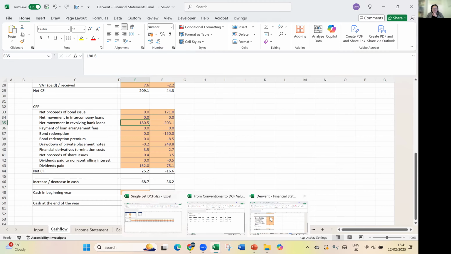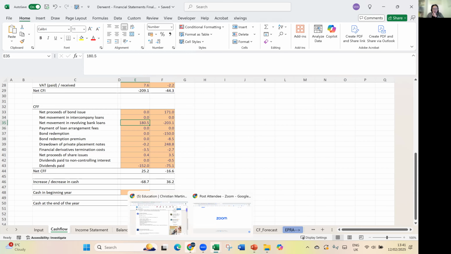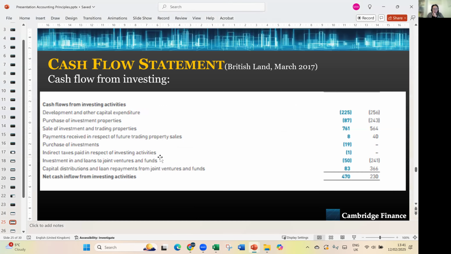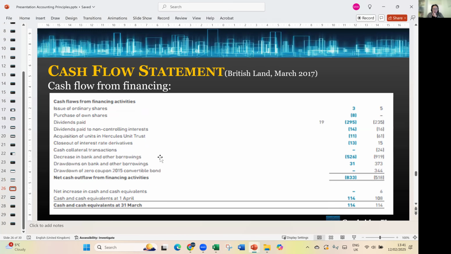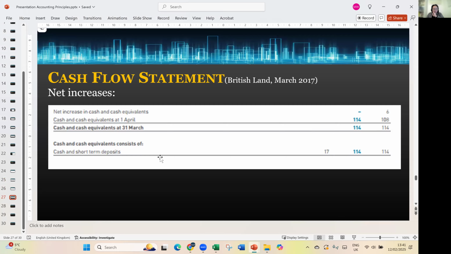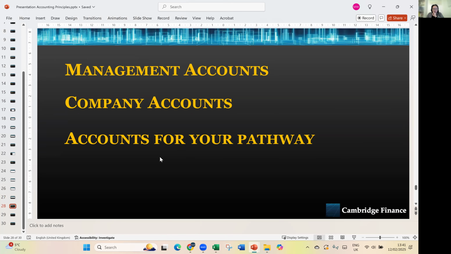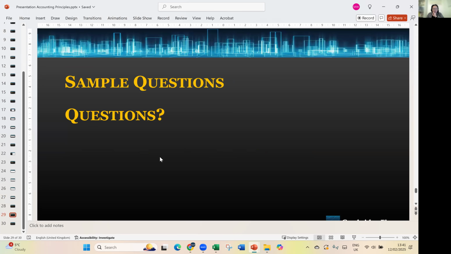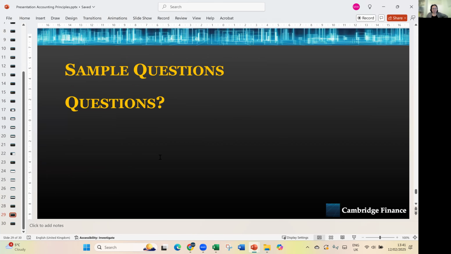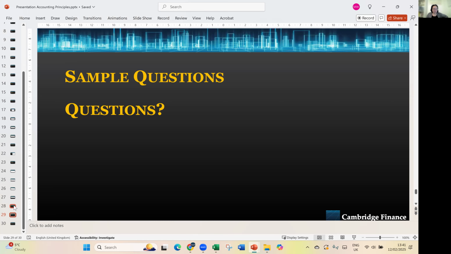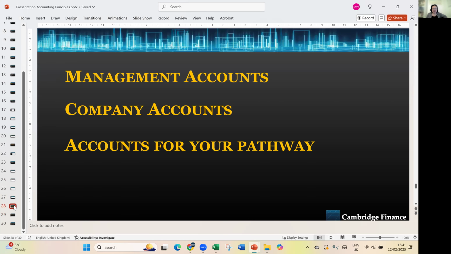So this is the accounting. This is the cash flow, and then what else do we have here? So the cash flow from accounting, the management accounts, actually, these are the main statements that we need to think about.